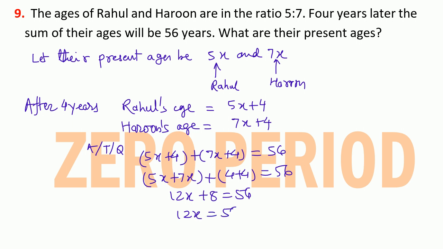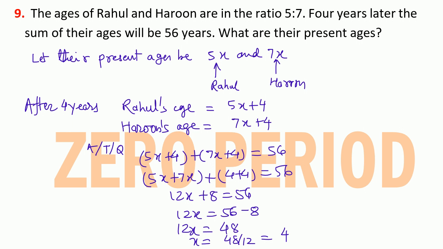12x equal to 56 minus 8. 8 transposed to the right hand side. You get 12x equal to 56 minus 8, that is 48. So x is equal to 48 upon 12, that is 4. You got the value of x, and by using this you can get the ages of Rahul and Harun.